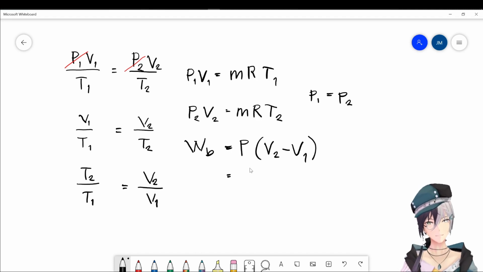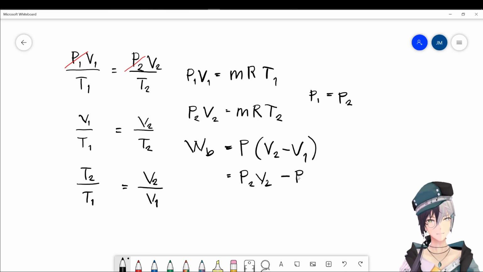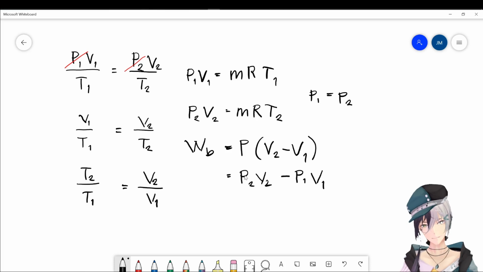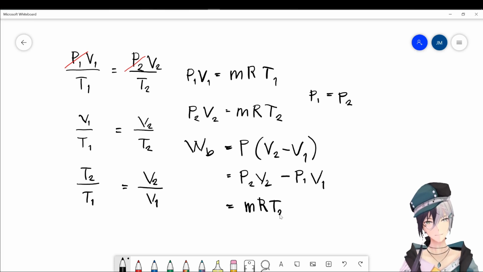So it will be like this: pressure 2, volume 2, and pressure 1, volume 1. As I've said, pressure 1 is equivalent to pressure 2, and this becomes mRT2 minus mRT1.